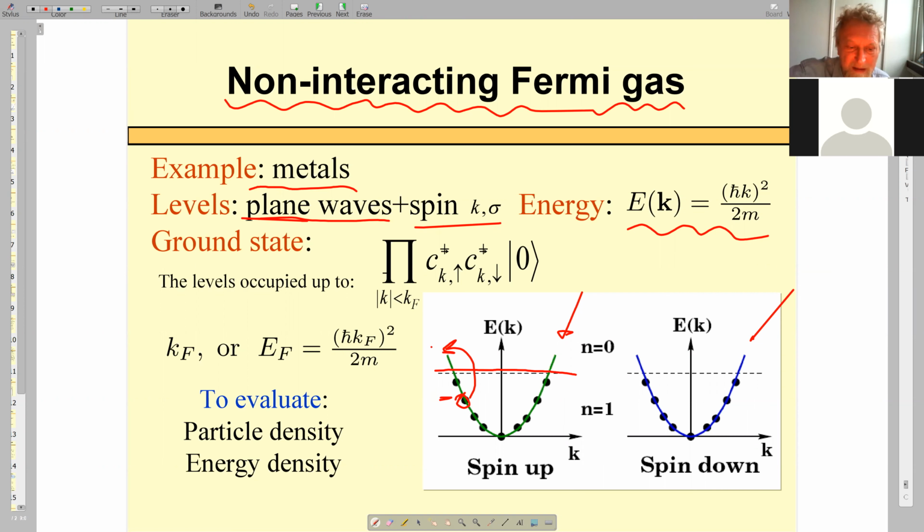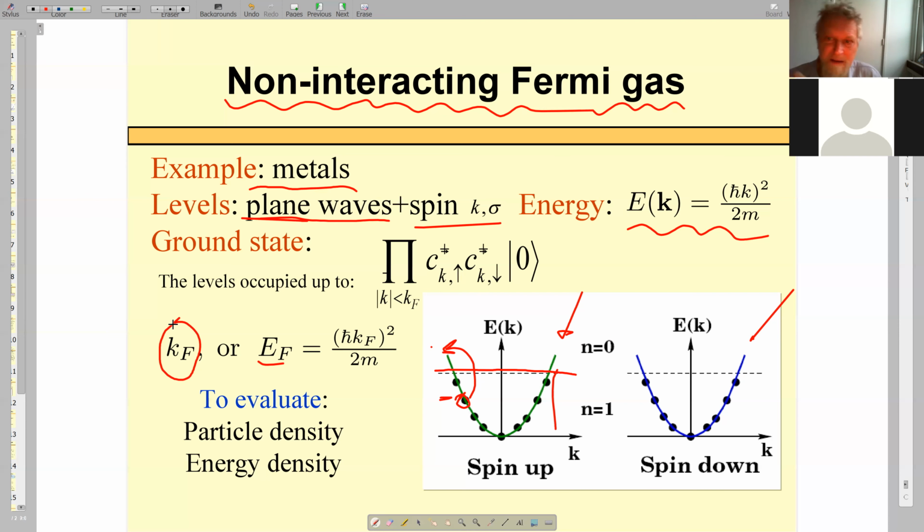There is this Fermi energy, and if you map it in the space of k, it means that all states with k smaller than k_F are occupied. So the Fermi energy determines the Fermi momentum, the biggest momentum which electrons can have.